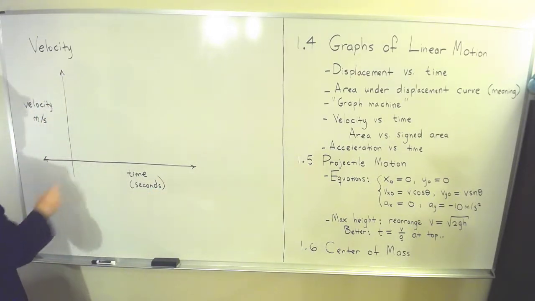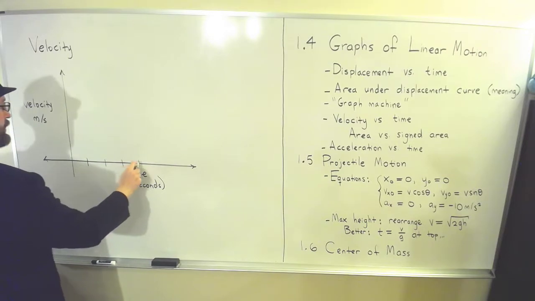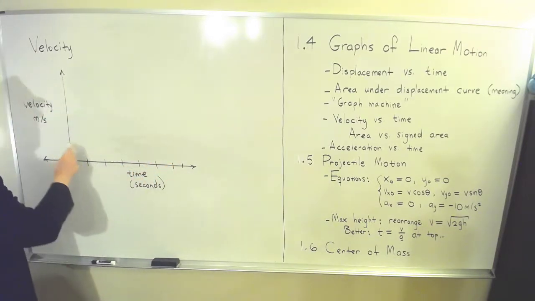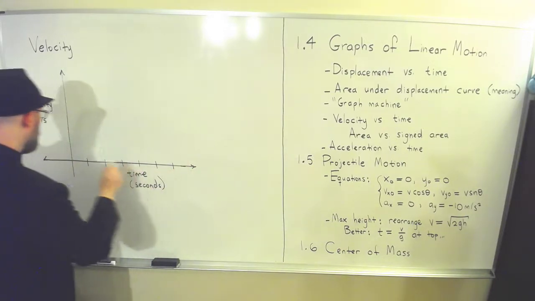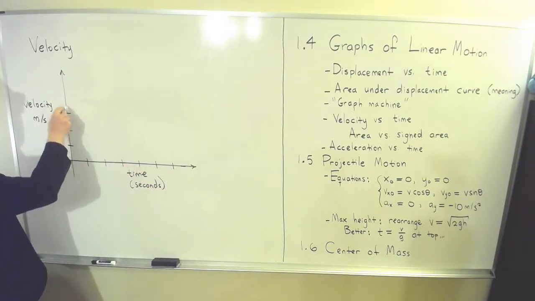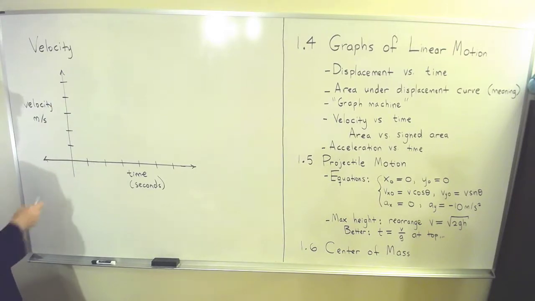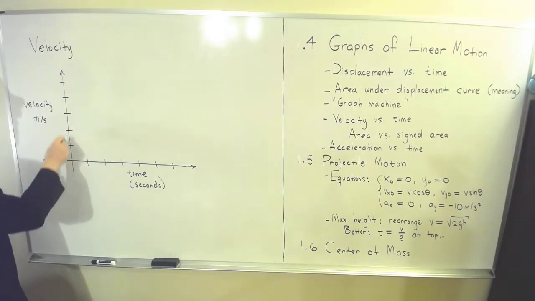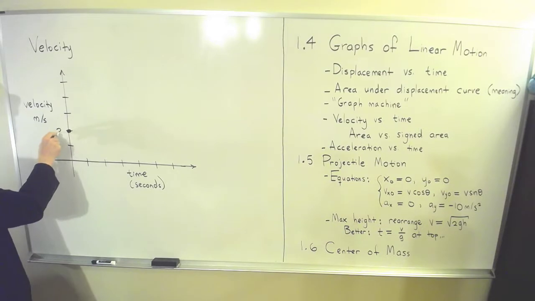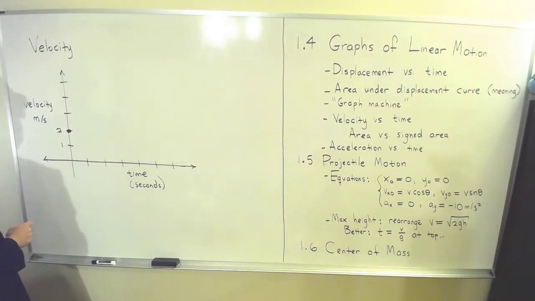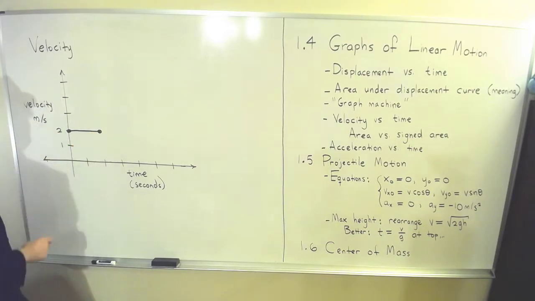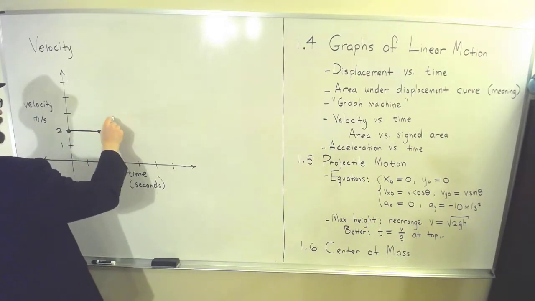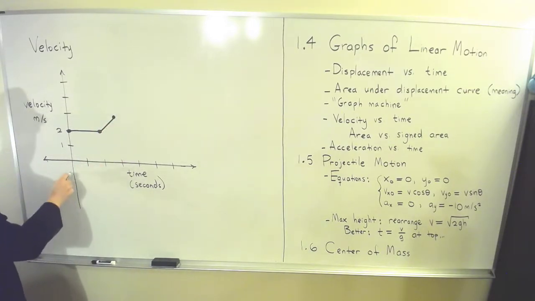And now I'm going to draw, and I can put details on it like I did on the last one if I want to. Draw these little tick marks on here. Now here I'm not going to start out at 0. I'm going to start out at 2. This is 1, 2. And I'm going to continue this way, so it's going to be flat here, and then I'm going to go this way. I'm going to actually have this go down as well.